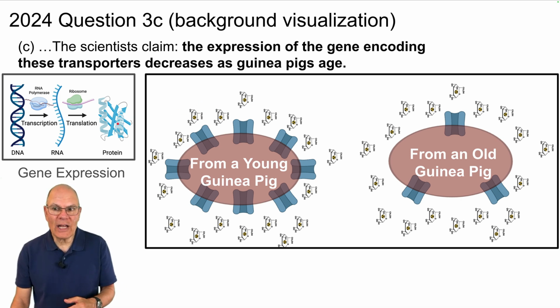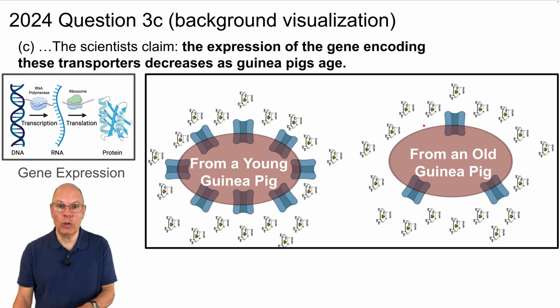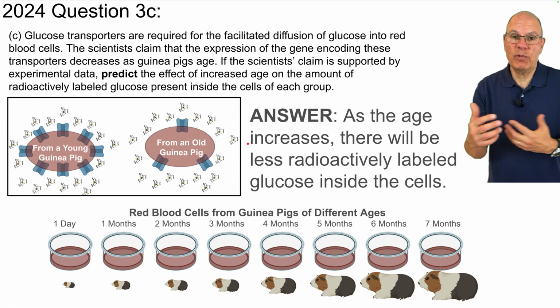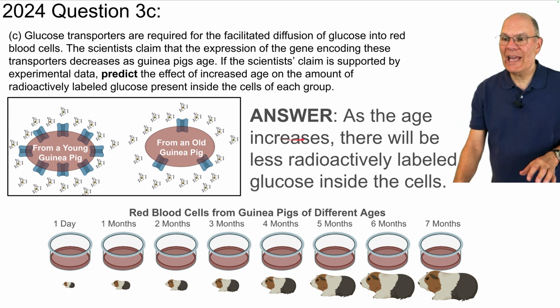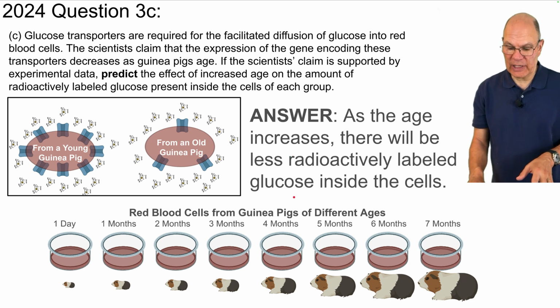They're going to have lots of the glucose protein built into their membranes, whereas the red blood cells of an old guinea pig might look like this. They'll have many fewer glucose transporters built into their cell membranes. What we just did on the previous slide essentially tells you the answer. As the age increases, there will be less radioactively labeled glucose inside the cells.